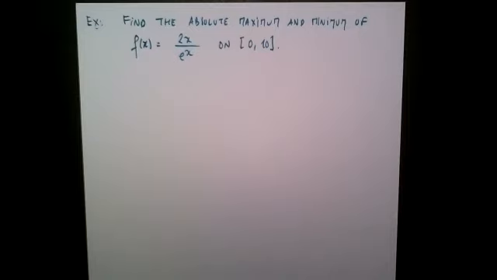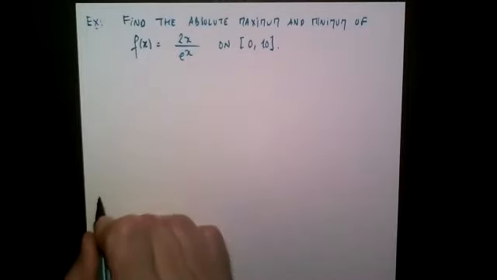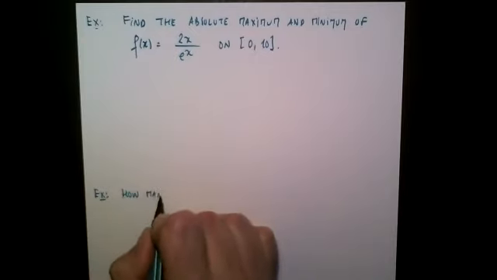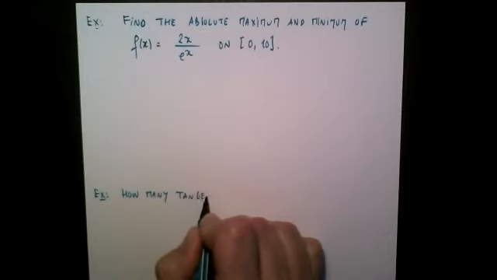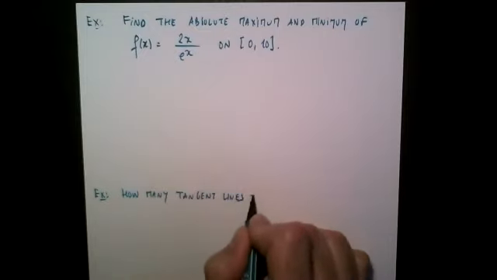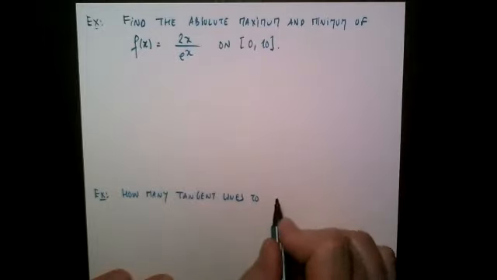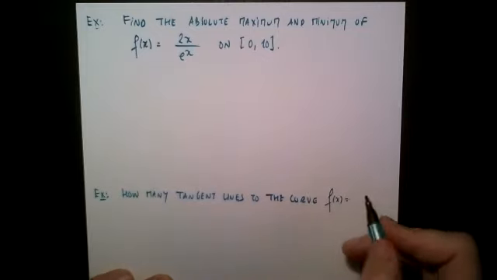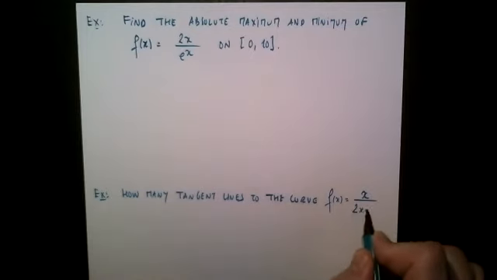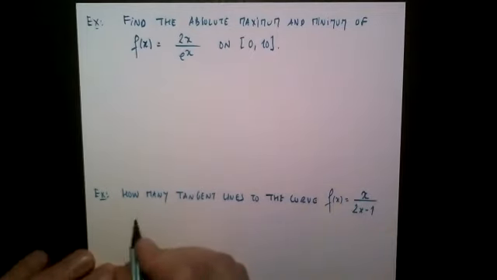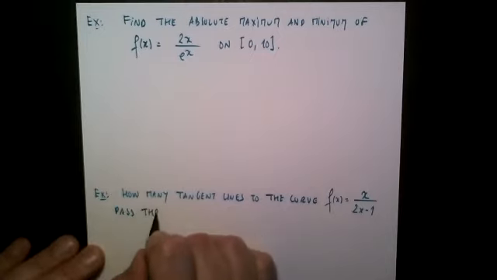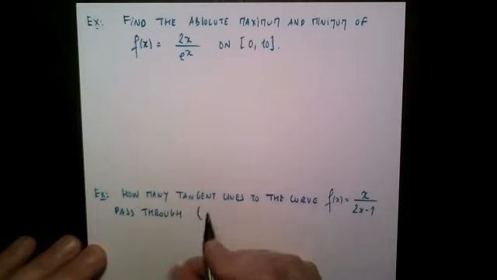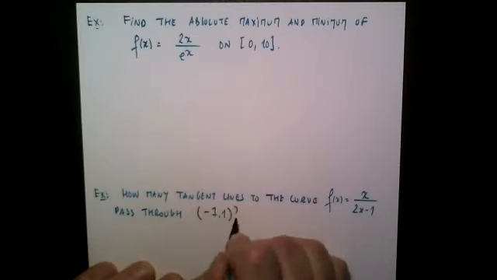Maybe one more here. How many tangent lines to the curve f of x equals x over 2x minus 1 pass through the point -7 and 1?